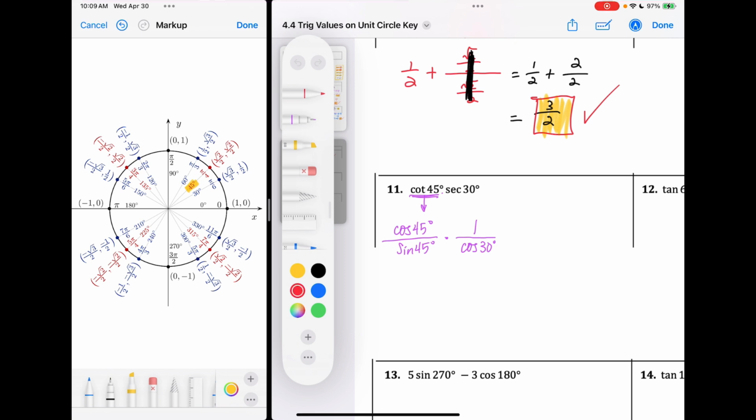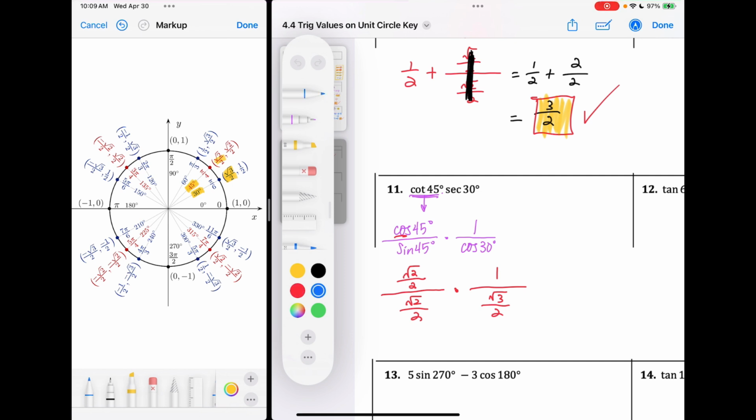Since I'm looking for the cosine value, the cosine is the first number. So I got square root 2 over 2 over sine of 45, which is still square root 2 over 2, times 1 over, what is my 30 degree location? It's right here, and we are looking for the cosine value, so that is still the first information, which is square root 3 over 2.